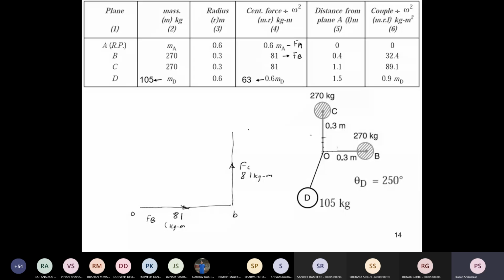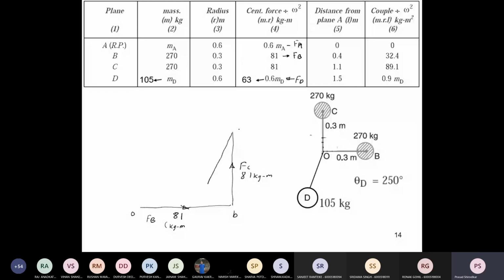Next, plot FD. So FD, now we have the value of FD, that is 63. So parallel to OD.